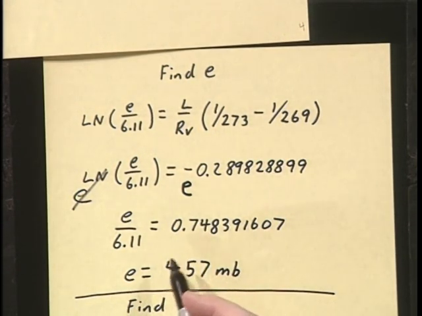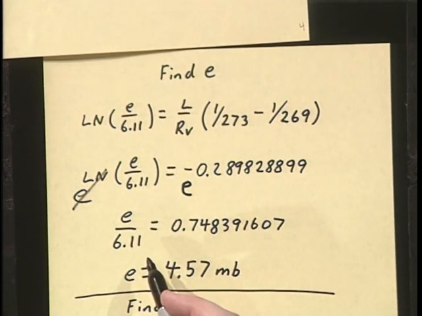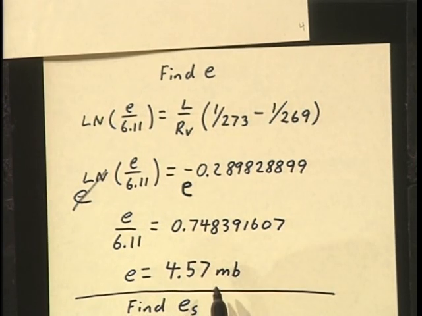And then our last step is to multiply both sides of the equation by 6.11. And after that is done, we'll end up with a vapor pressure of 4.57 millibars.